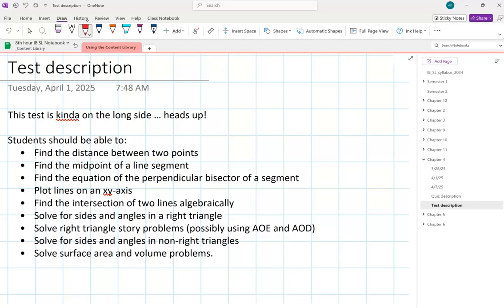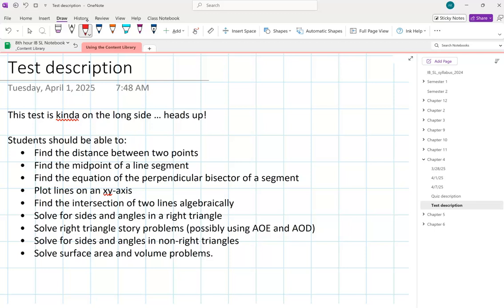You should be able to solve for sides and angles in right triangles. Solve right triangle story problems, possibly including angles of elevation and depression. One of the most common mistakes on the quiz was putting your angle of depression in the wrong spot.